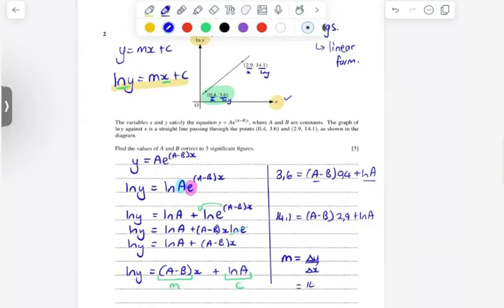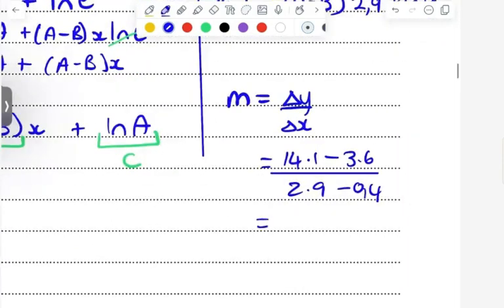So I'm going to say 14.1 minus, and in this case it's my ln y. Okay, so it's whatever's on your straight line. And then 2.9 minus 0.4. Okay, so if I look at this, I've got 14.1 minus 3.6 over 2.9 minus 0.4.